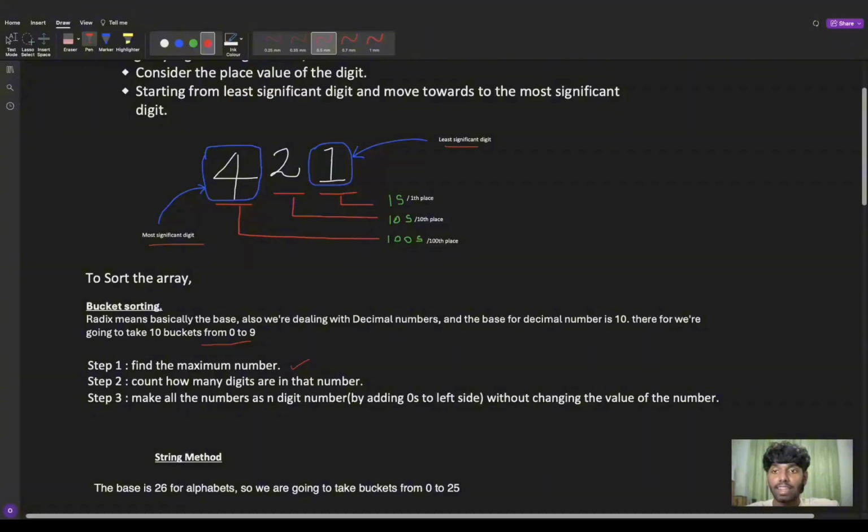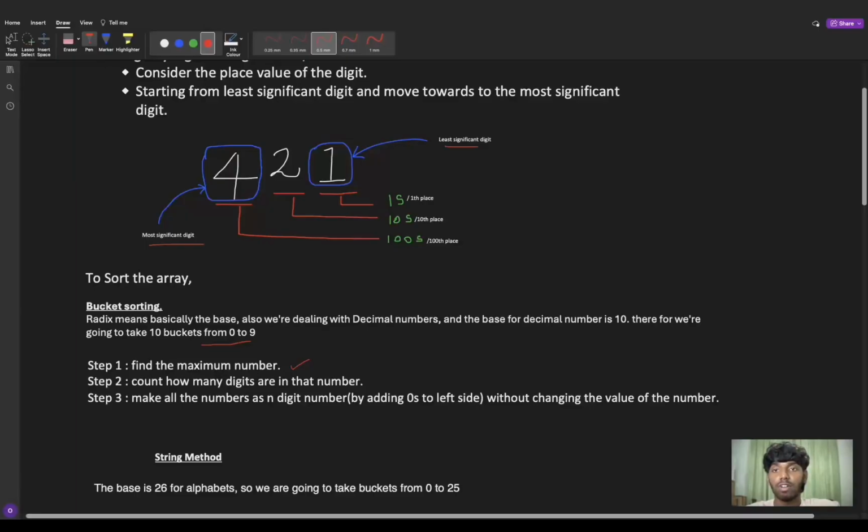Then we have to make all the numbers 3 digit numbers, because our maximum number has 3 digits. We make all the elements 3 digit numbers by adding zeros to the left side. So the third step is to make all the numbers 3 digit numbers.